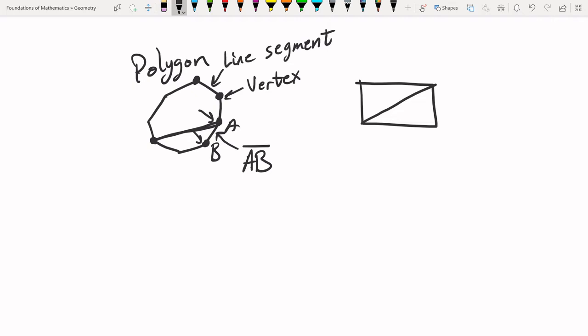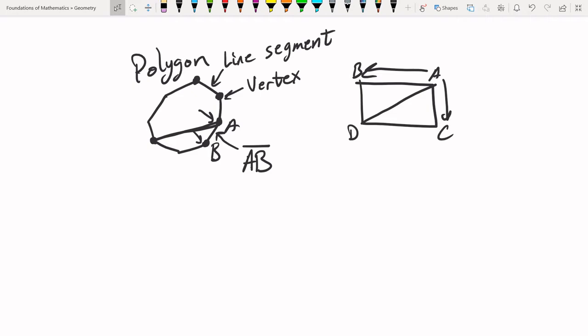But in general, it's any line segment connecting two non-adjacent vertices. Adjacent vertices just means, if this is A, B, C and D, A and B are adjacent, A and C are adjacent, A and D are not adjacent because they're across the polygon.